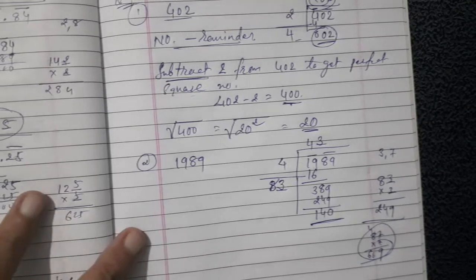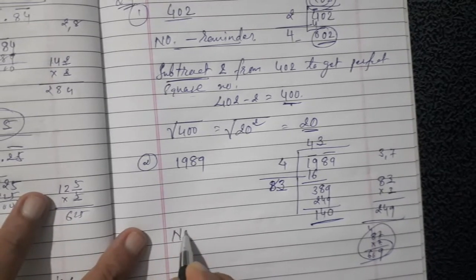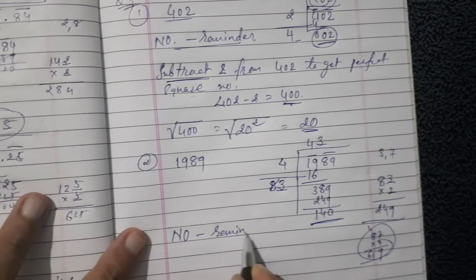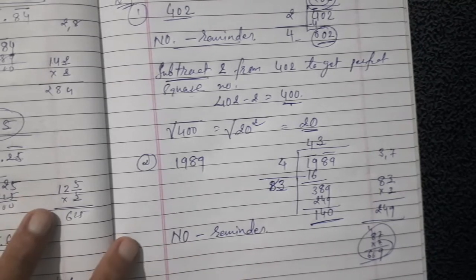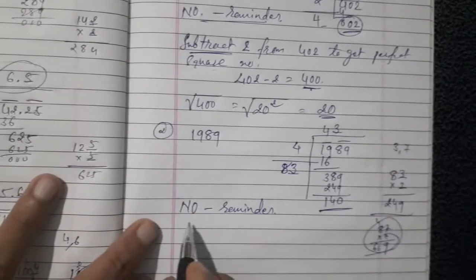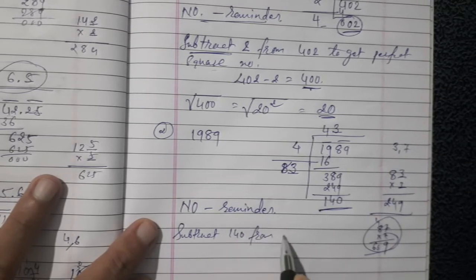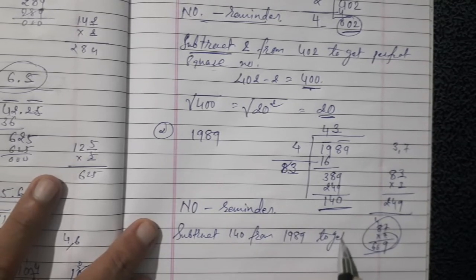Okay, when you want to subtract that one, what to do? Number minus remainder. So subtract 140 from 1989 to get a perfect square number.